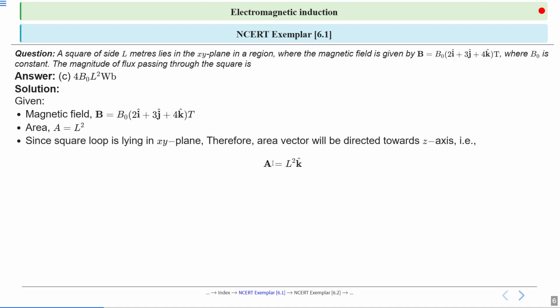So A vector, this is area vector, which is equal to L square k cap. L square is the magnitude of area and k cap is the unit vector representing the direction of area vector. So direction of this area vector is towards Z axis and it is represented by unit vector k cap.